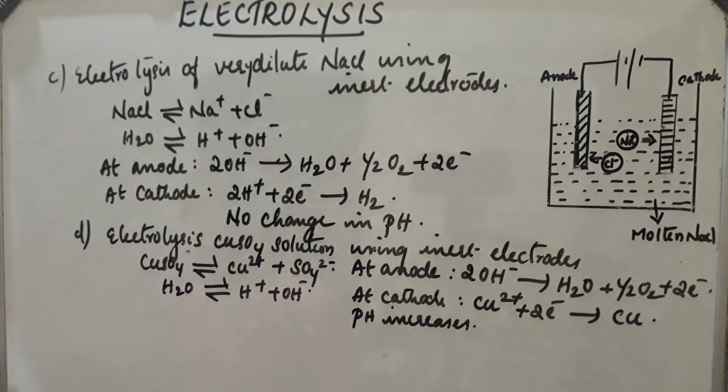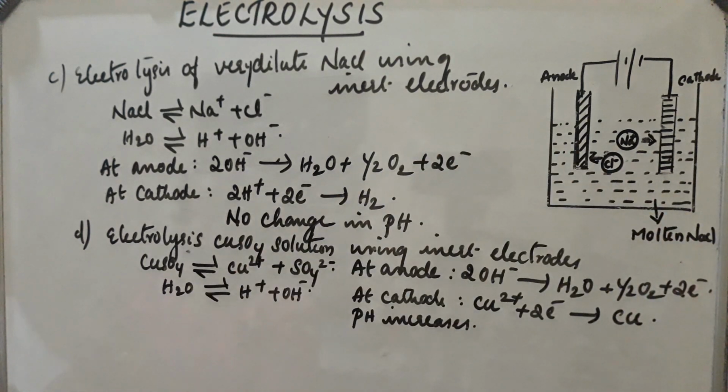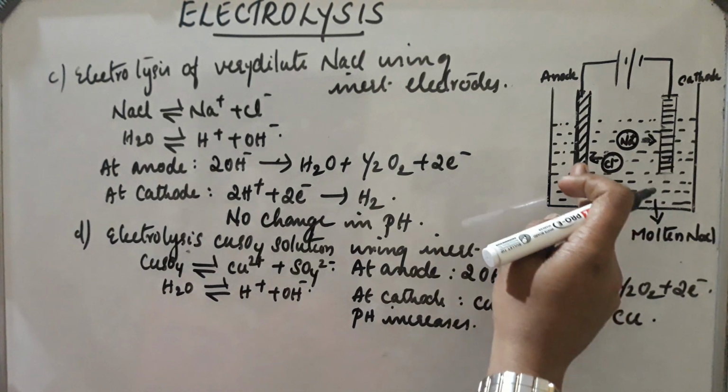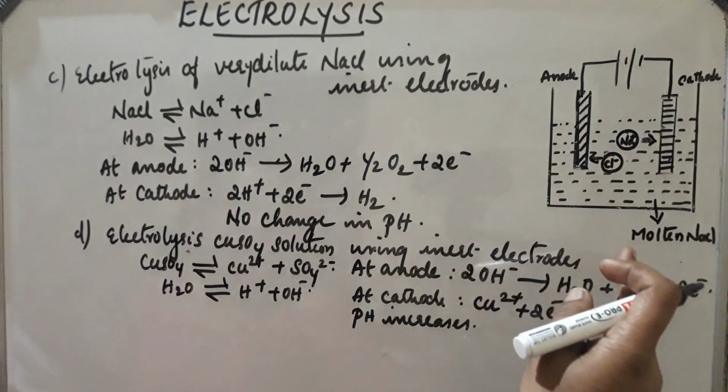If we are using a copper electrode at the anode, what happens? And at the cathode also we are using copper electrodes. At the anode, Cu2+ ions are produced, so the weight of the anode decreases.